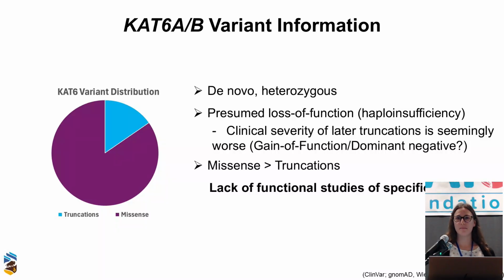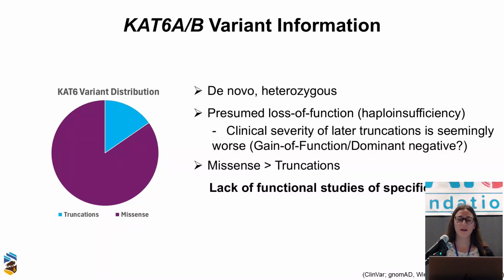We have the missense changes and the truncations. What we mean by truncations is that there are spelling changes in the gene that change the length of the gene, and these may also be known as frameshift or nonsense. Our missense variants are genetic changes that do not change the length of the protein, but it changes how the protein is being read in the body.